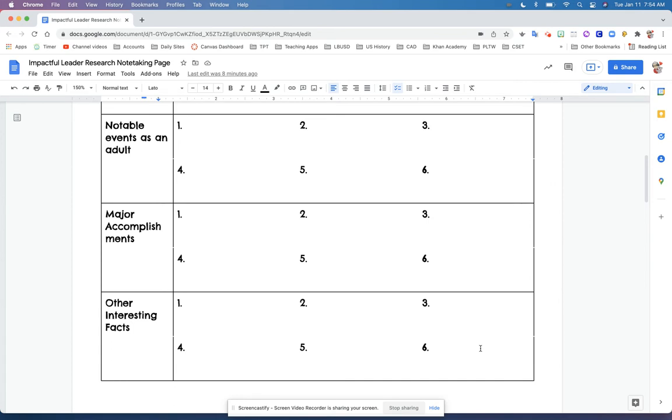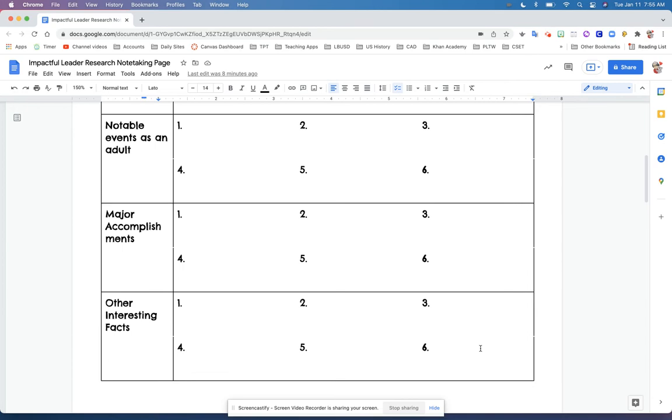So let's say, for example, one day they got stranded in a foreign country and that was a struggle for them to come home. Okay. Maybe they helped to organize a women's march. Okay. Maybe they helped to get signatures for a labor union in their industry or their job force. Okay. So notable events as an adult.